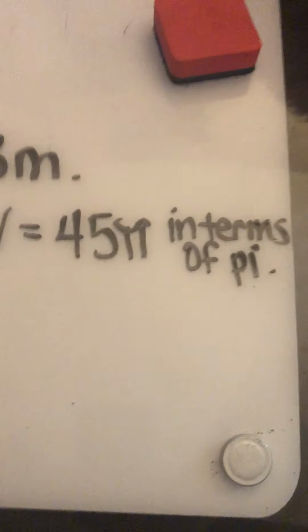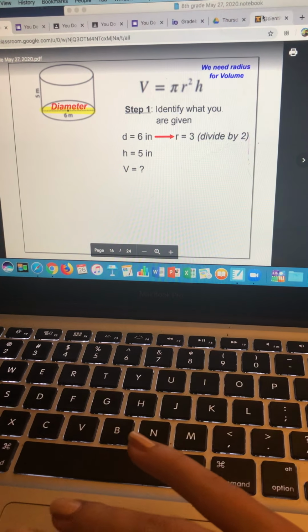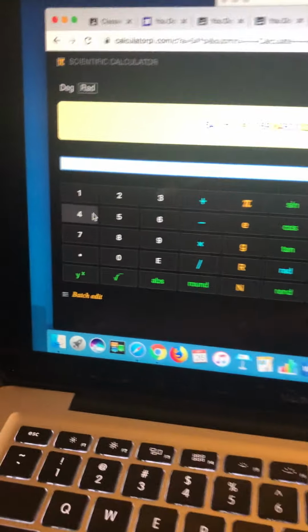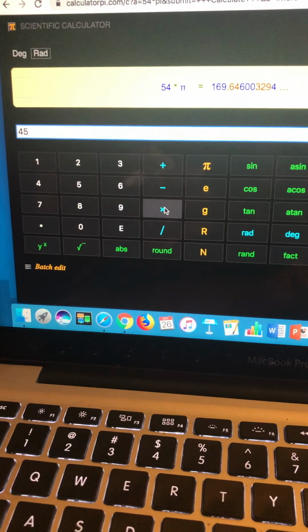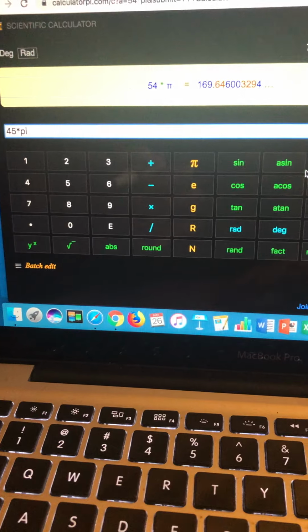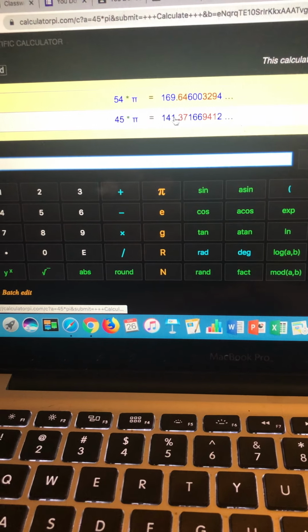But again, they want us to solve it rounding to the nearest tenth. So I'm going to go back to my calculator and hopefully it works better this time. We'll put in 45 times pi, press calculate, and there it is. Okay, see, we get our answer right there. So I'm going to write that down on my board.